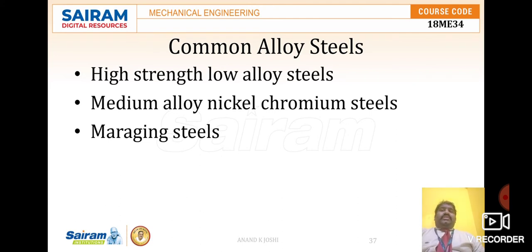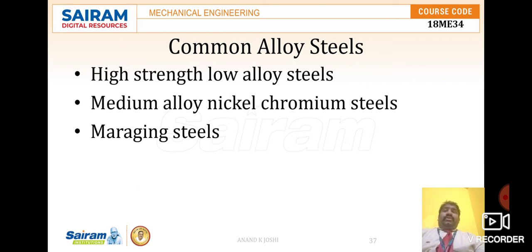High strength low alloy steels have been developed for use as structural steels. These are used for welding purposes, and joining the sections can be carried out without the need for riveting. The term low alloy is used because the total amount of alloying elements is less than about 2%.